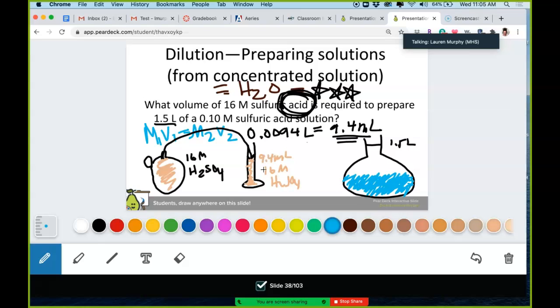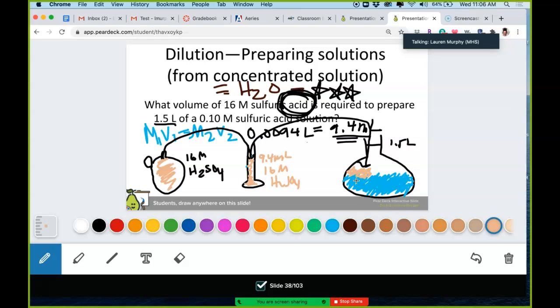So before you dump the acid into the water, you want to put some amount of water, not 1.5 liters, some number less than that, in there before you dump the concentrated acid into it. So you'd measure out 9.4 milliliters of the sulfuric acid with a graduated cylinder, the strong acid. Then you will dump it in here, this tiny little bit. 9.4 milliliters is not a lot, okay?